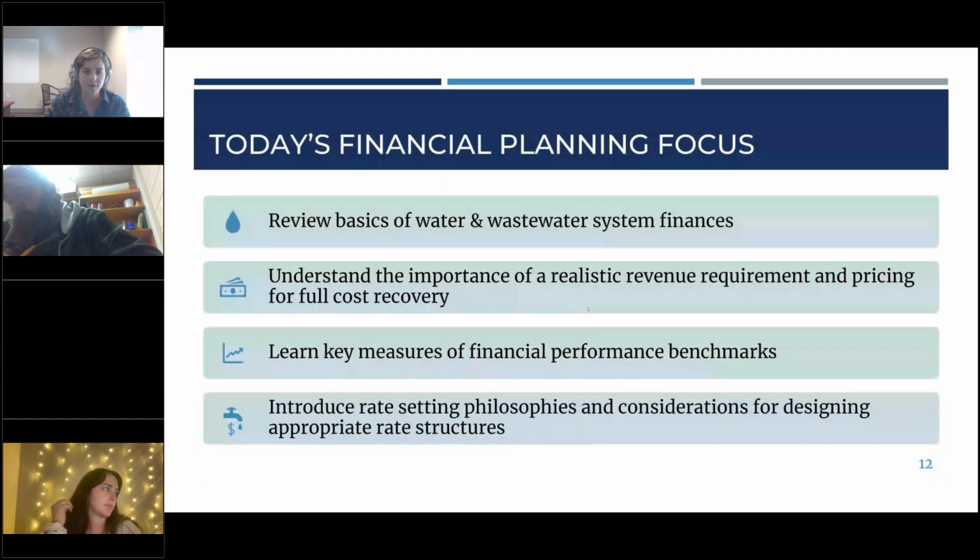And so today, these are the key things that I aim to cover. As I mentioned, it's a lot of stuff. So I'm going to start off just by reviewing the basics of water and wastewater system finances. I'm going to talk about the importance of setting a realistic revenue requirement and also pricing your wastewater services for full cost recovery.